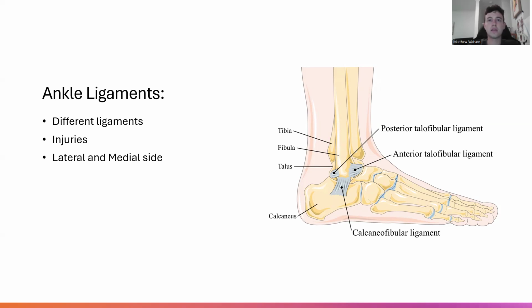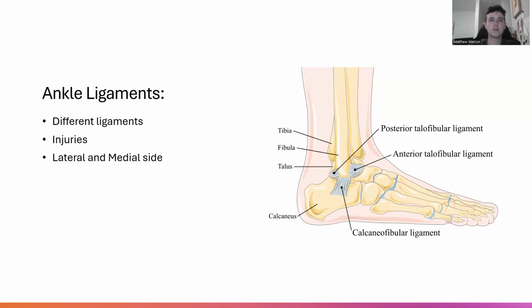There is the anterior talofibular ligament, also known as the ATFL, which originates on the lateral anterior side of the lateral malleolus and inserts onto the anterior of the talus.